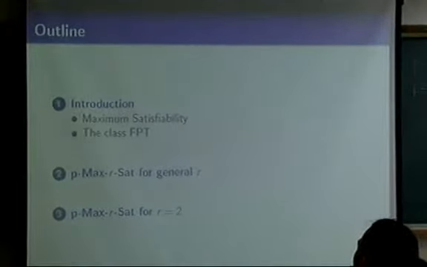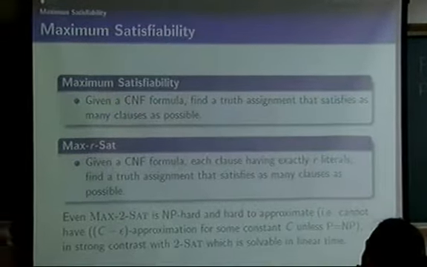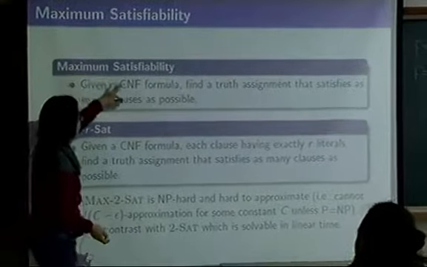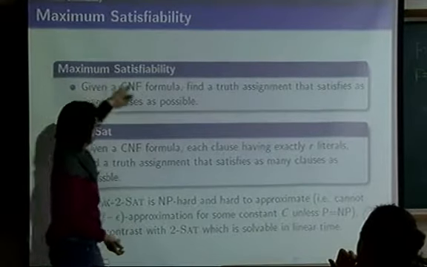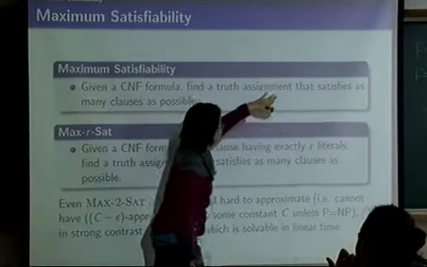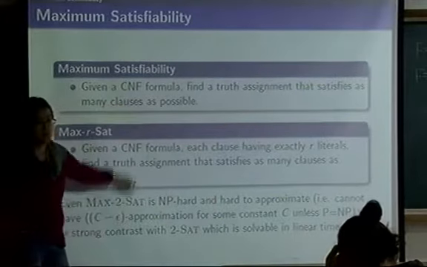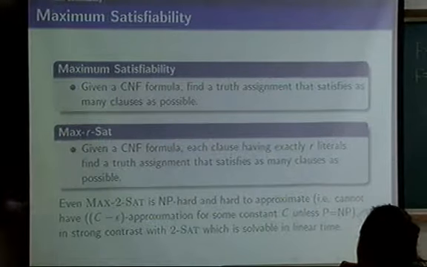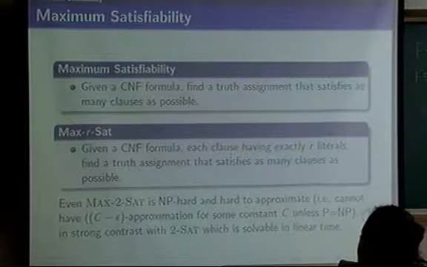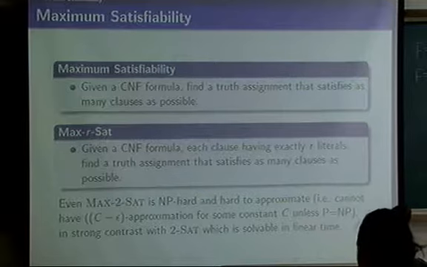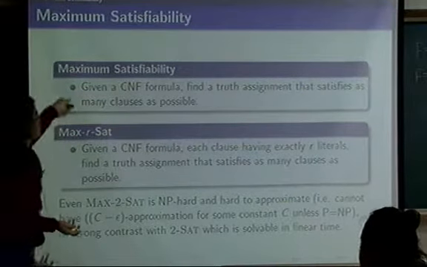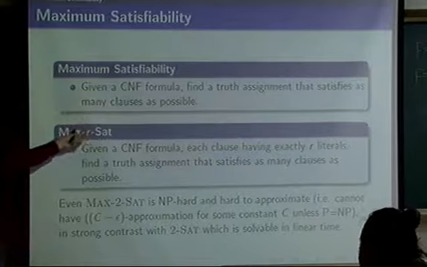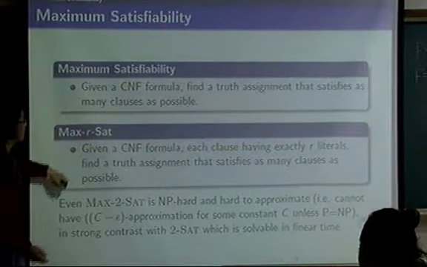Just as I said, the maximum satisfiability problem is defined as: given a CNF formula, find a truth assignment that satisfies as many clauses as possible. Of course, it's a very difficult problem because the usual satisfiability, even when the clauses have at most 3 literals, is an NP complete problem. So maximum satisfiability will be as hard as the feasibility problem, as you can expect.